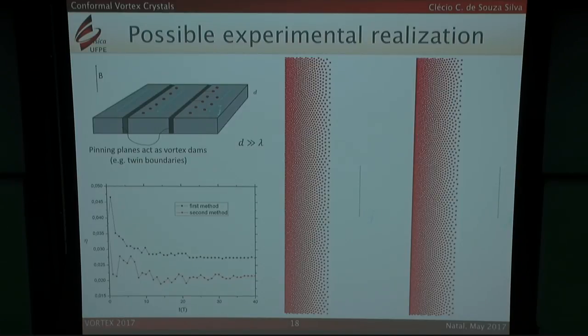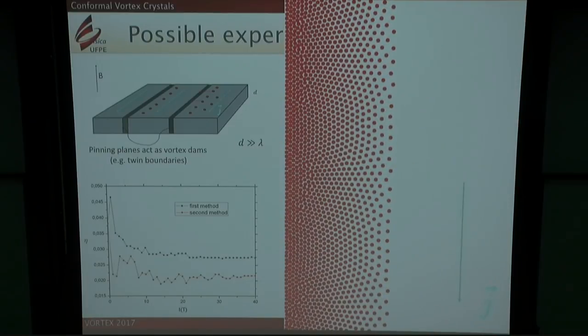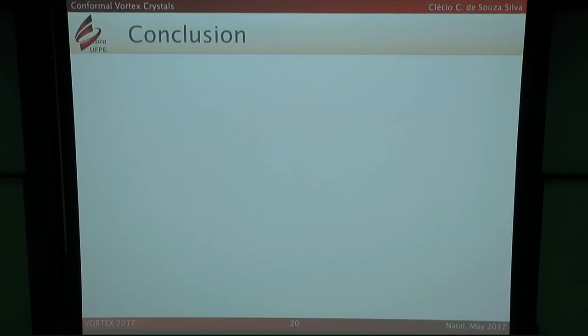So we did just that in the simulation, of course, and we get this quasi-conformal crystal. So you see that each vortex has more or less 6 neighbors. You can look at it better in the movie here.